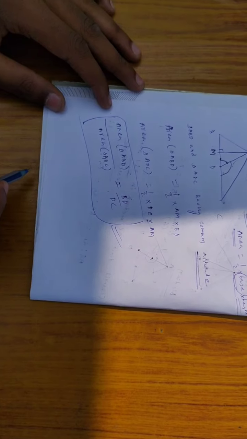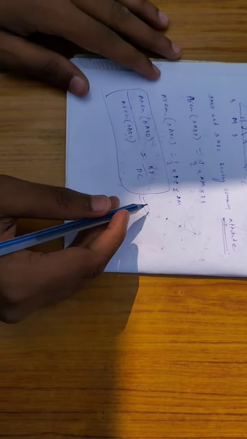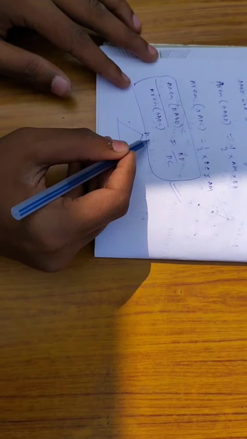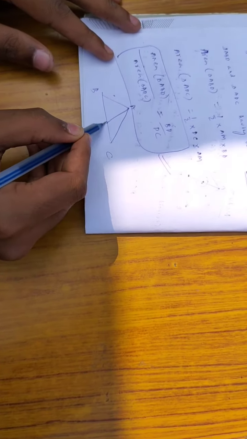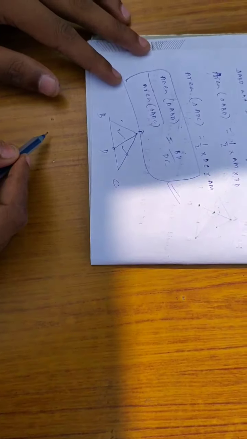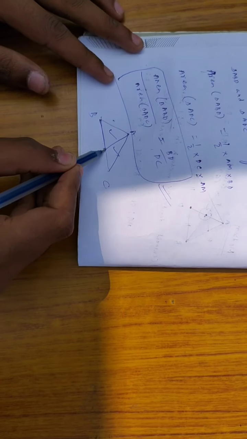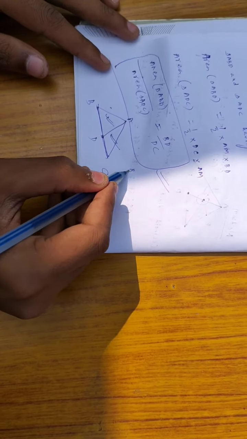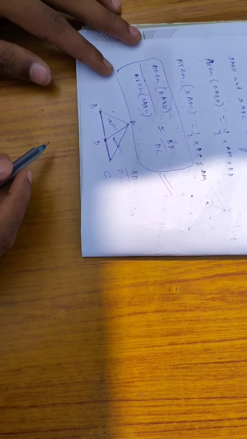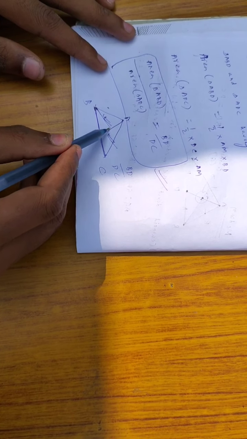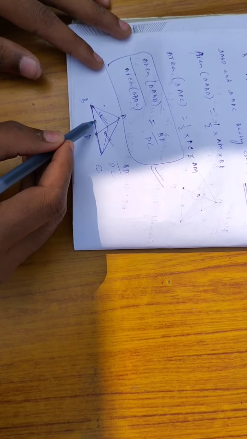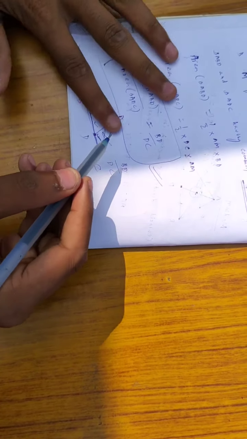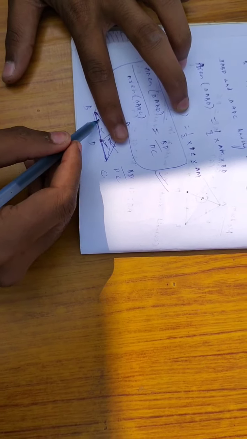I think you got my point. In any triangle, when we draw a Sevian to a base, these two areas will be in the ratio of the lengths by which it is divided, BD by DC, right? And in a similar way, these two areas also will be in the ratio of BD by DC.